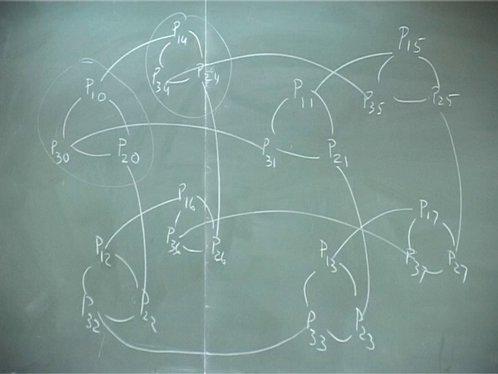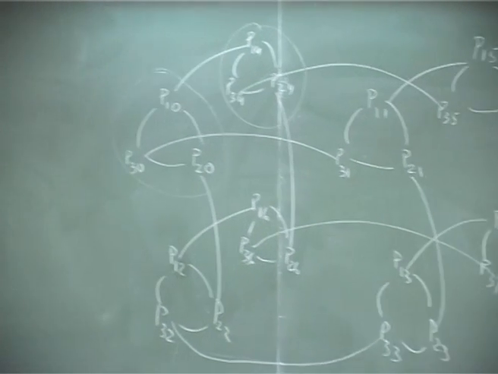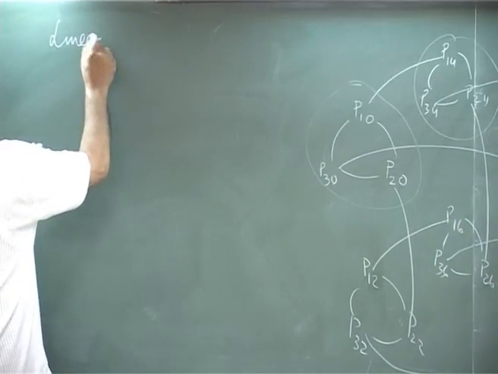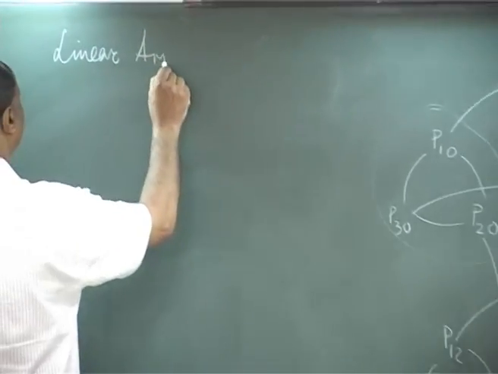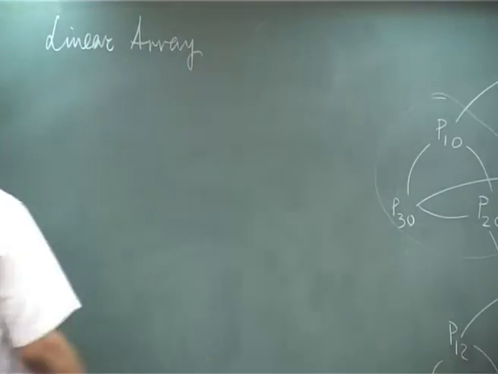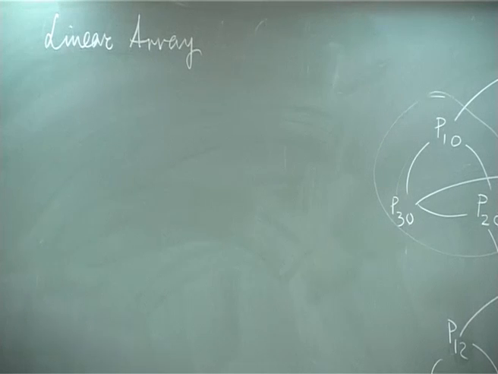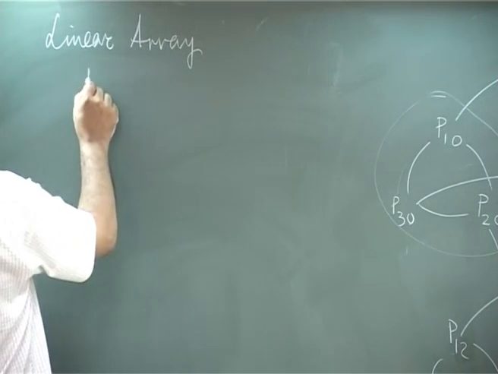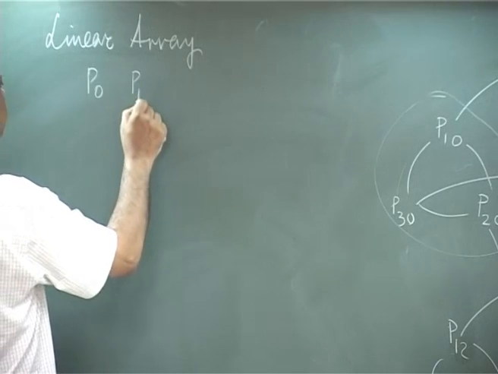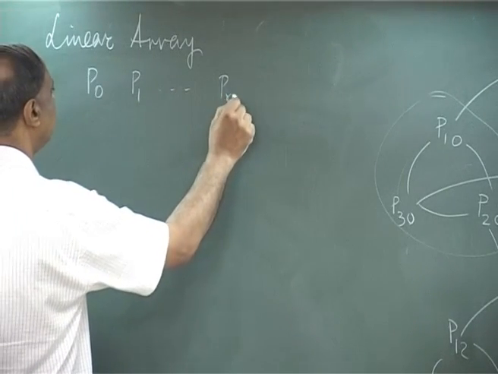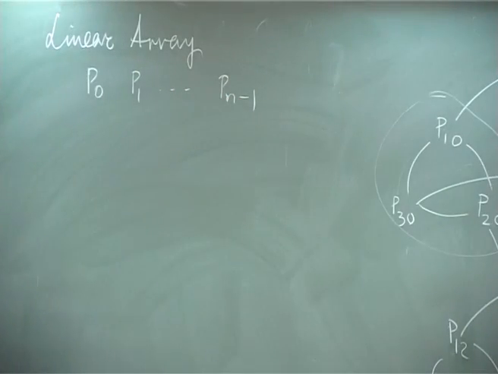Now the next model is known as linear array. Here if you have n processors, P0, P1, up to Pn minus 1, they are linearly connected.